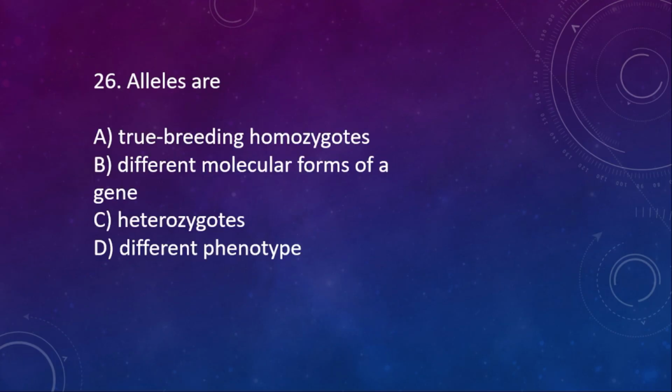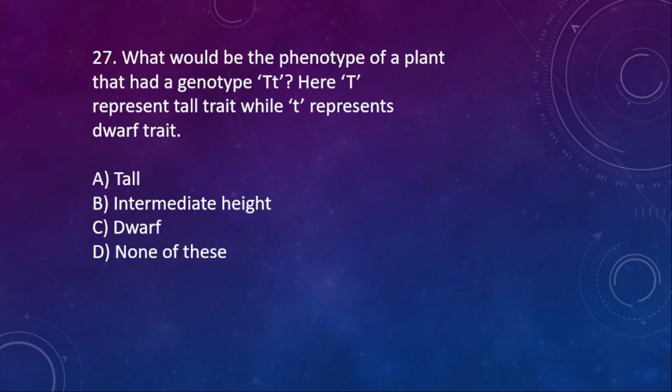26th. Alleles are: option A, true breeding homozygotes; B, different molecular forms of a gene; C, heterozygotes; D, different phenotypes. So here the right option is option B. Next, 27.